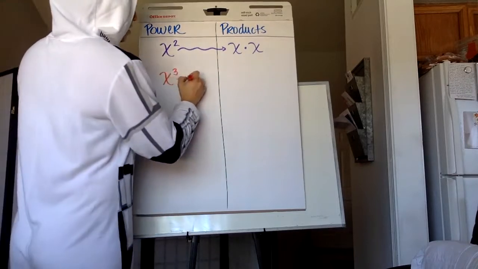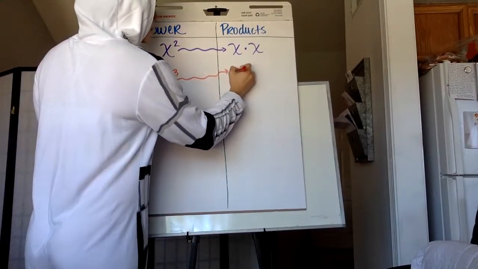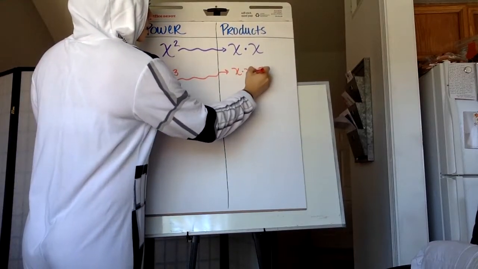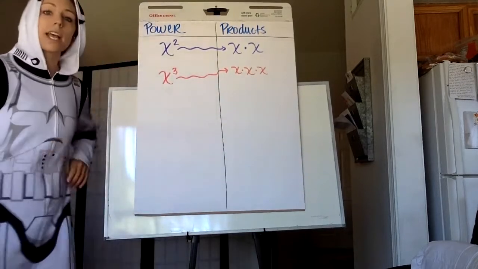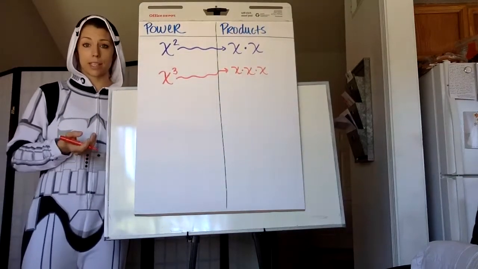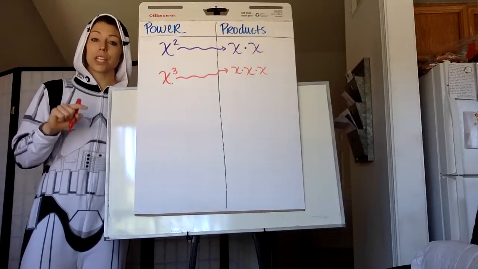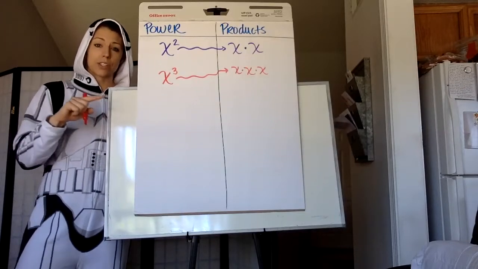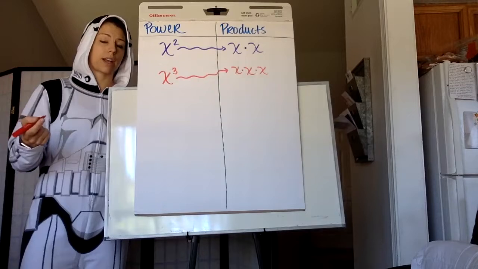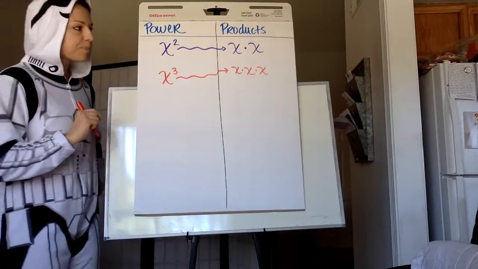You're thinking x times x times x. And you're technically correct. Yes, that's one way to write this as a product. Notice how I said it's one way. There's actually another way to write x to the 3rd power as a product, and here's how you can think about it.